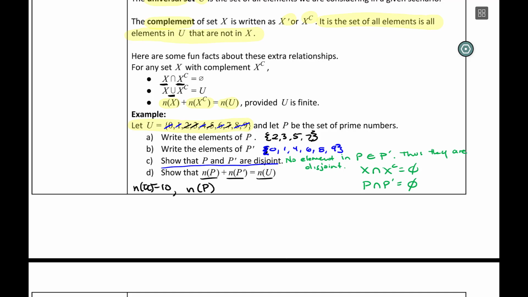My total number of elements in the prime set is 4: 2, 3, 5, and 7. The total number of elements in composite numbers, or non-primes, is 0, 1, 4, 6, 8, 9. That's 6. 4 plus 6 does indeed equal 10. And we have shown that n of P plus n of P prime equals n of U.